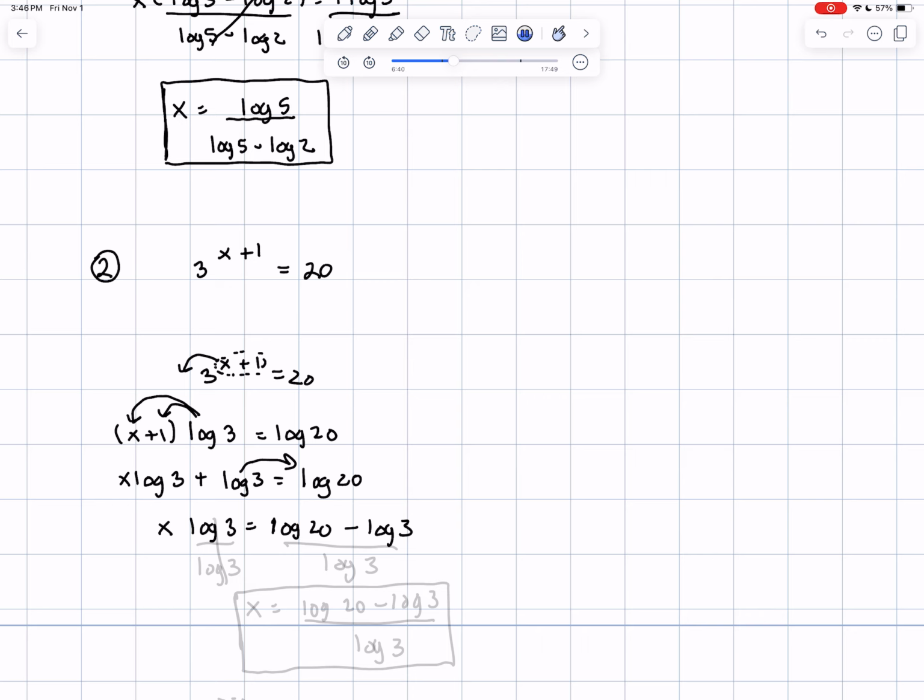So now what do I do? Well, we don't have to factor out the x because we don't have 2 x's. So all we have to do is now just divide log of 3 out. So that goes away.